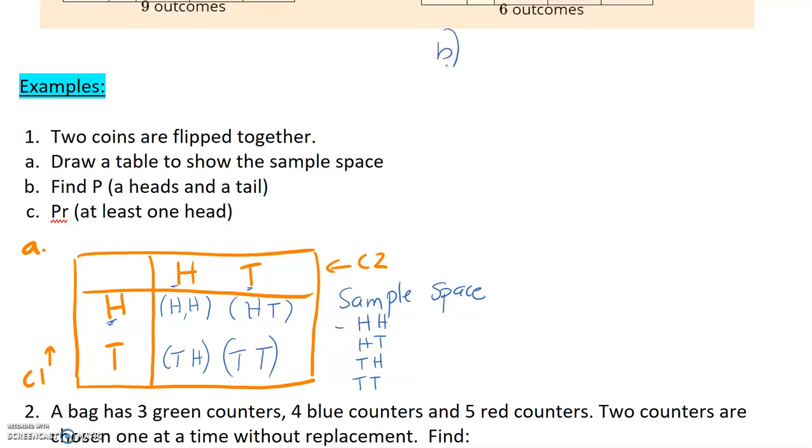All right, now let's look at our probability. Find the probability of getting a heads and a tail. Now, it doesn't say which order. So if we go back and look for a heads and a tail, we can see that we can get a heads and a tail there, and also a heads and a tail there.